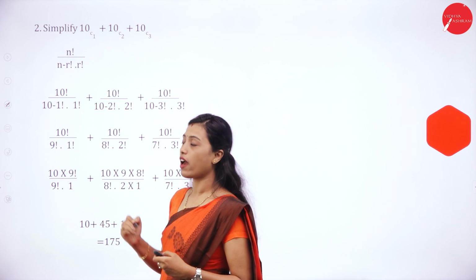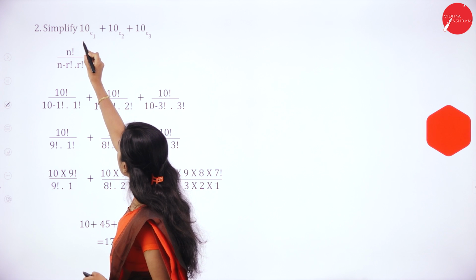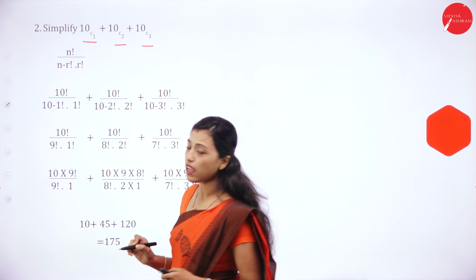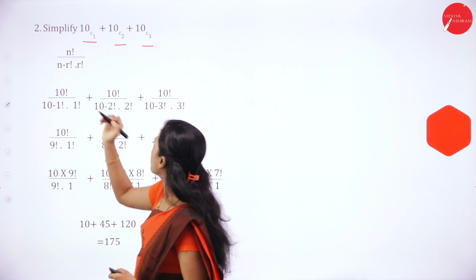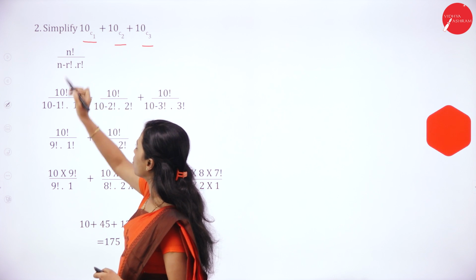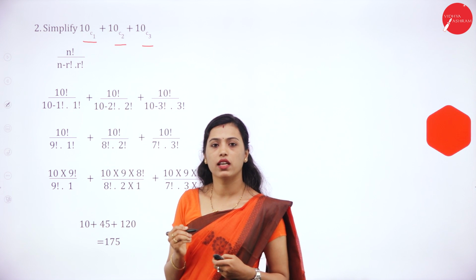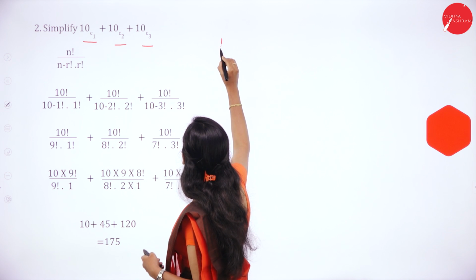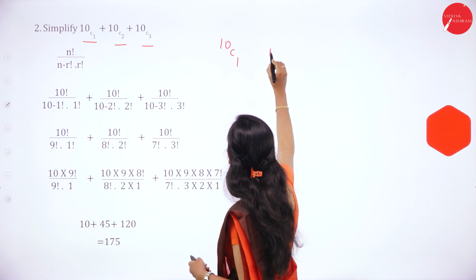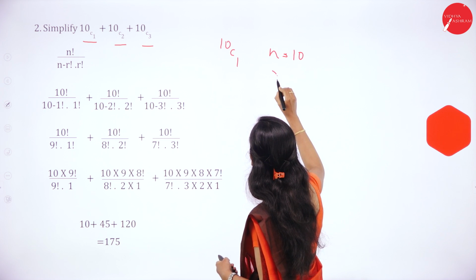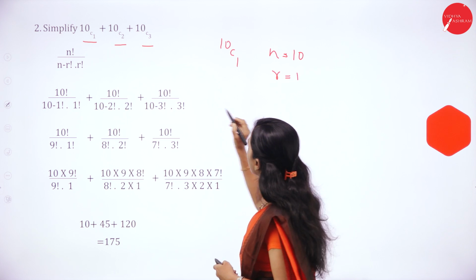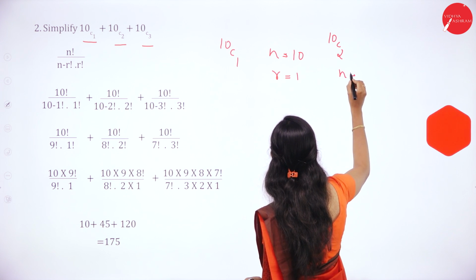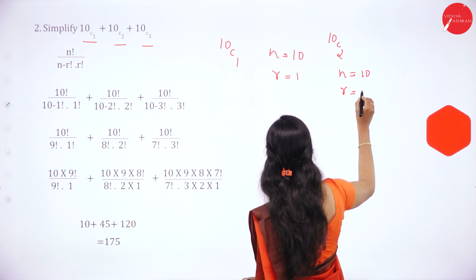Next, simplify 10C1 plus 10C2 plus 10C3. We know that nCr is equal to n factorial divided by n minus r factorial into r factorial. So here in 10C1, n is equal to 10, r is equal to 1. In 10C2, n is equal to 10, r is equal to 2.